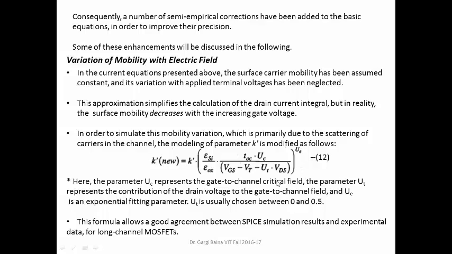So this formula allows a good agreement between the SPICE simulations and what you observe from experimental data for the long channel MOSFETs.